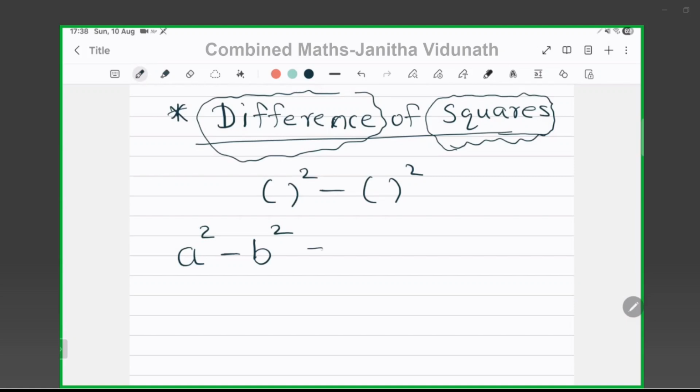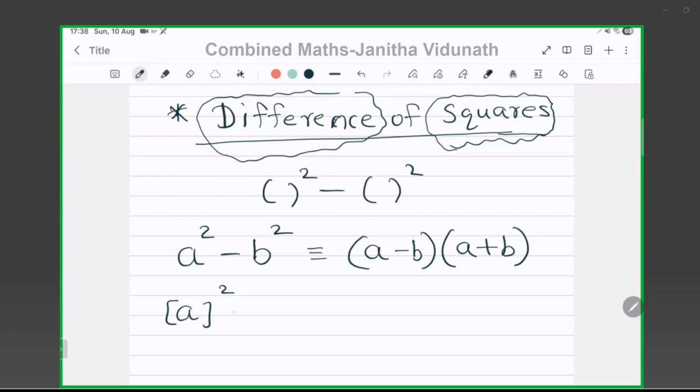Here we can observe this can be factorized as (a minus b) times (a plus b). Here we first observe what is inside the square term. It is a.